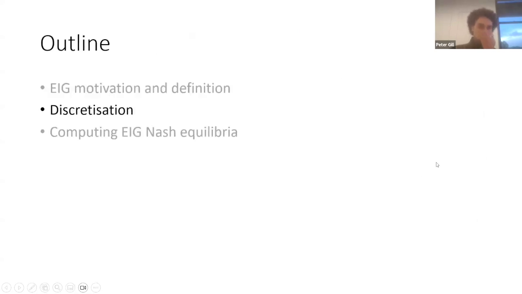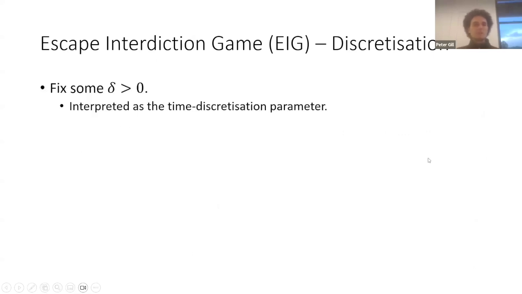So now we're going to talk about discretization. How can we actually make it tractable to compute these Nash equilibria? The idea is we're going to fix some smallish real number, in principle a real number, but it's really going to be rational or 1.